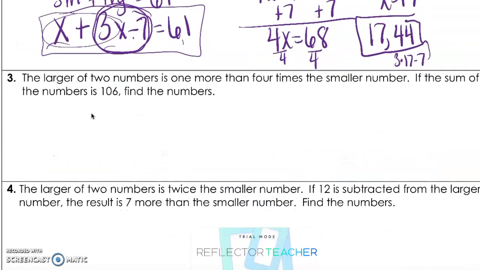Number 3: the larger of two numbers is 1 more than 4 times the smaller number. The sum of them is 106. Again, some of you can just go right away and say smaller number plus the larger number, 1 more than 4 times the smaller one. So x plus 4x plus 1 is equal to 106.